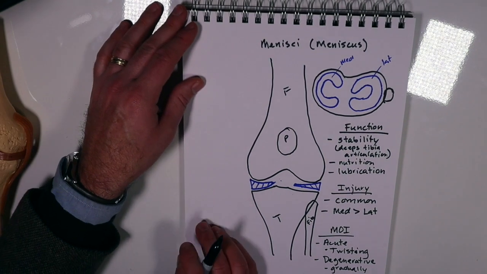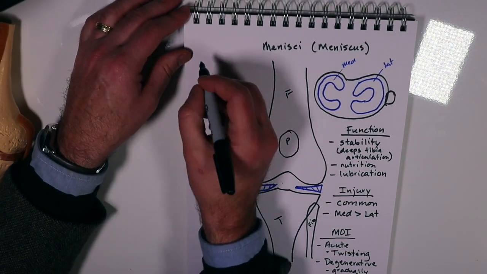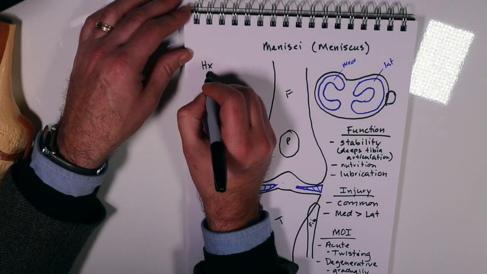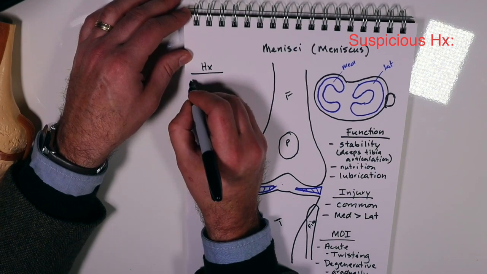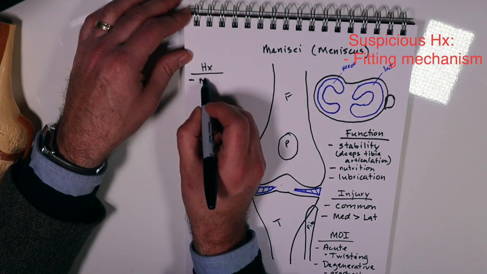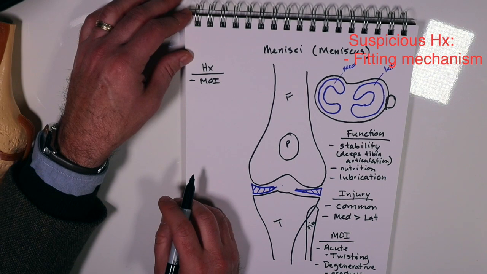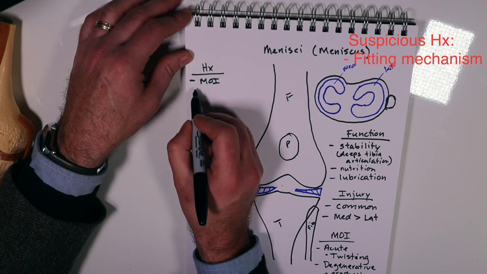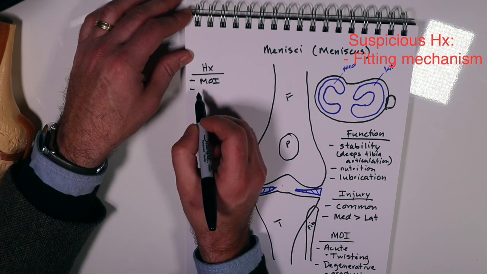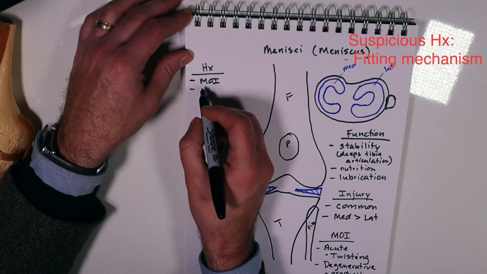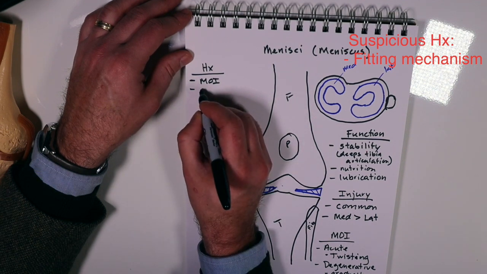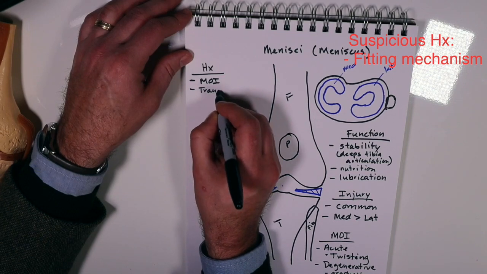So what does a person look or sound like that has a meniscus tear? So a patient history. So typically a younger patient will have a mechanism for the injury. Again, usually a twisting type of injury. If it's an older person, there may not be a distinct mechanism, but patients with a traumatic tear will likely feel a pop or a crunch.